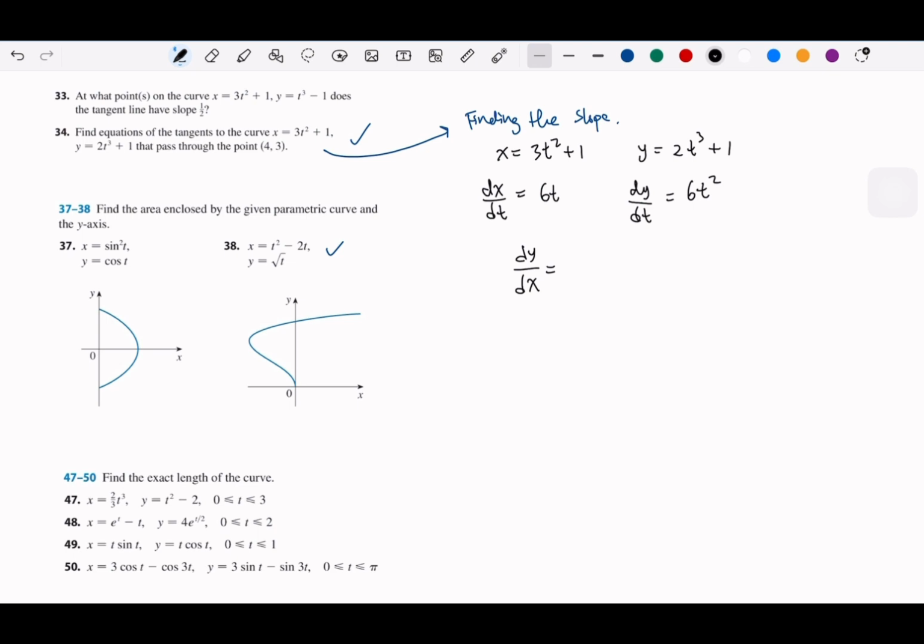Don't forget that it should be dy dt first, divided by dx dt. In my experience, because you do the dx dt first, when you write dy dx, you write dx dt and then dy dt. This is the common mistake I've seen so far. So this will be 6t squared over 6t, which is equal to t.